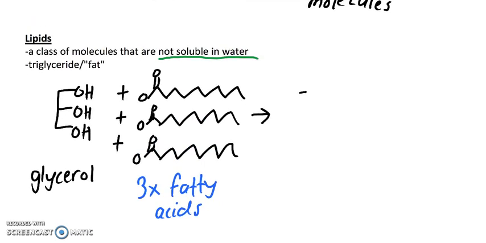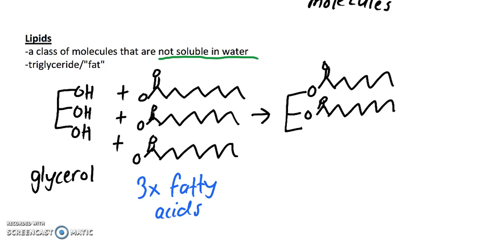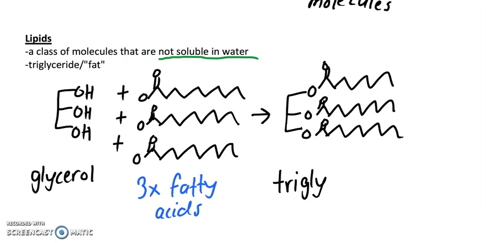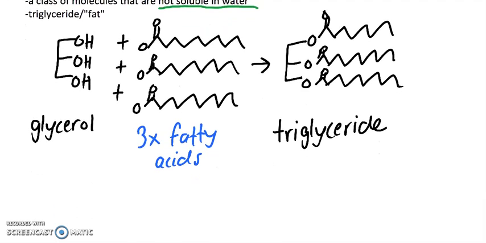Now when they come together, you will have this structure. So there's my carbon backbone, and you connect what you see on the left. It continues the chain, and there is my last fatty acid attached. Now we call this tri because there are 3 fatty acids, glyc because of that glycerol backbone, triglyceride.